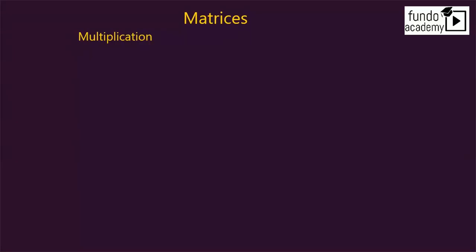Now in this video I'm going to be giving you examples that will show us how to multiply matrices. If you have two matrices multiplying each other, say matrix A multiplied by matrix B, the way we multiply is row by column.